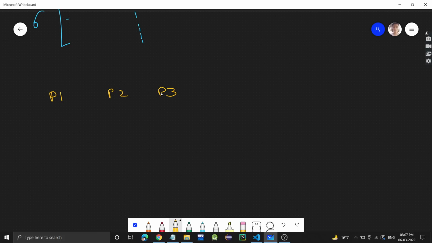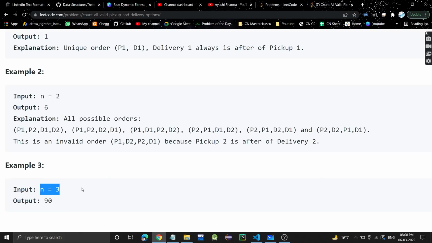Now we have picked the items, and we have to deliver them. For arranging pickups, we have done n factorial as of now, where n is 3, as given in the question.